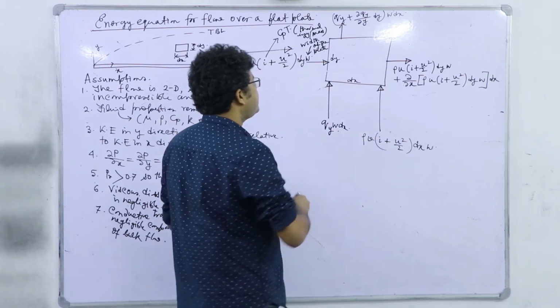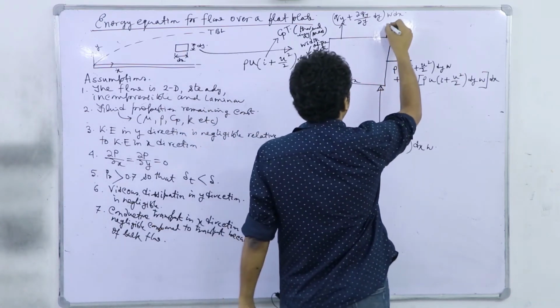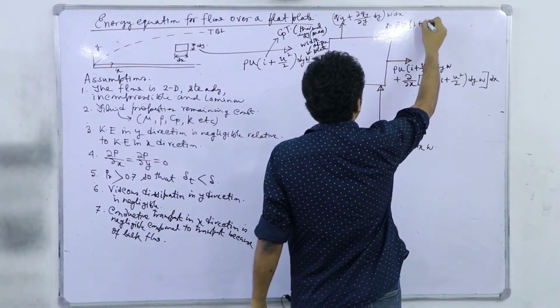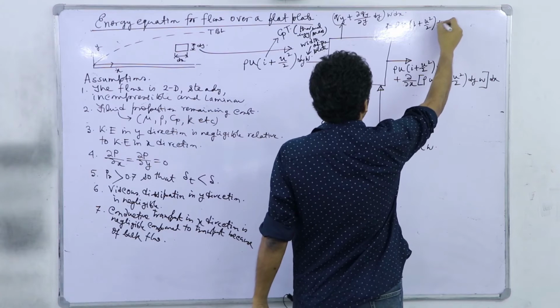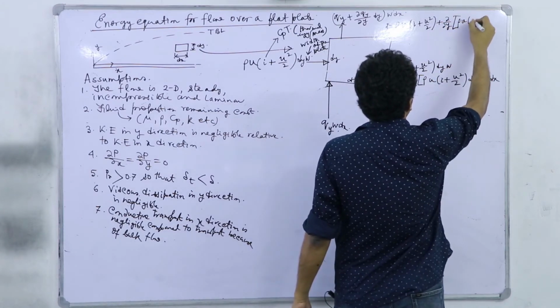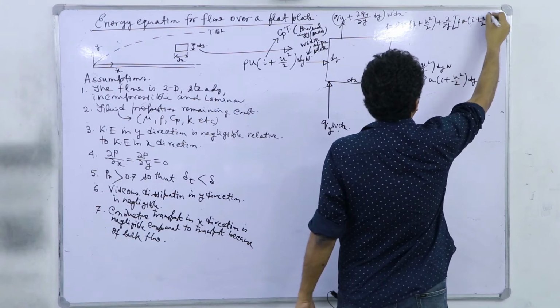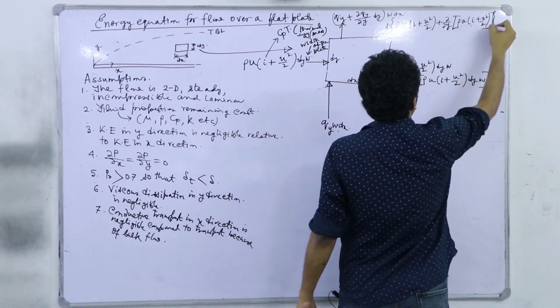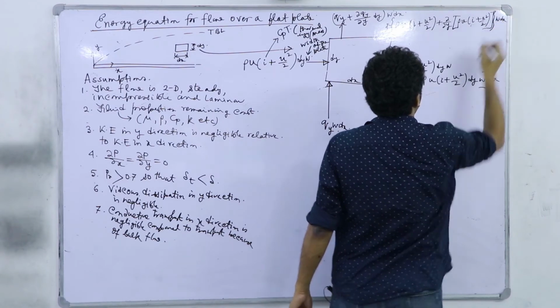So here it will be rho V (I plus u square by 2) plus del by del y of rho V (I plus u square by 2), this whole bracket into W dx.